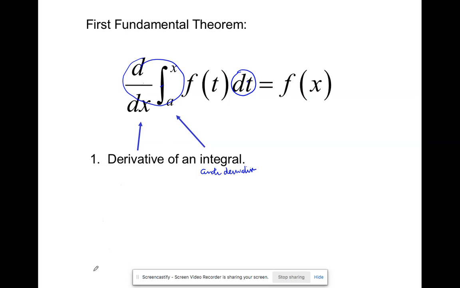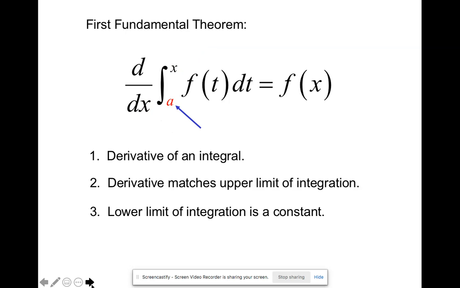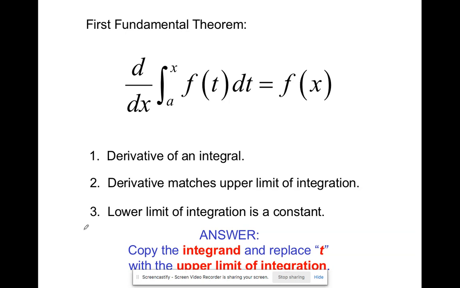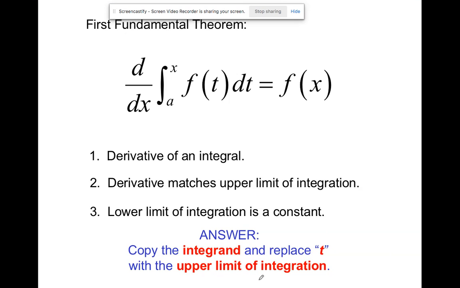If you have the derivative of an antiderivative, and the derivative variables match, the variable of differentiation and the variable of the upper limit of integration, and the lower limit of integration is a constant, then all you have to do is copy the integrand over and replace the dummy variable with x. Copy, paste, replace the t with an x.